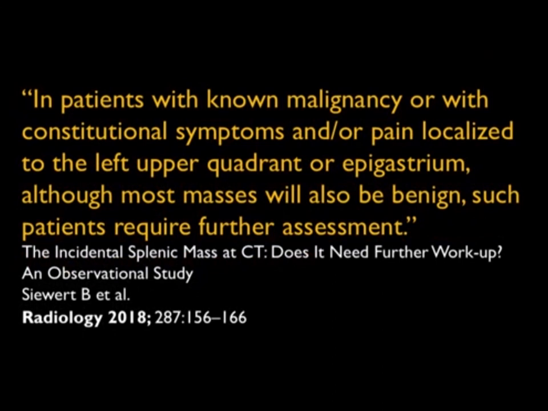Conclusion: in patients with known malignancy or with constitutional symptoms and pain localized to the left upper quadrant epigastrium, although most masses will also be benign, such patients require further assessment. So if there are symptoms, then we don't mess around. But if it's just some vague abdominal pain, you see a splenic lesion, I know it's going to be benign, and we treat it as a benign lesion.